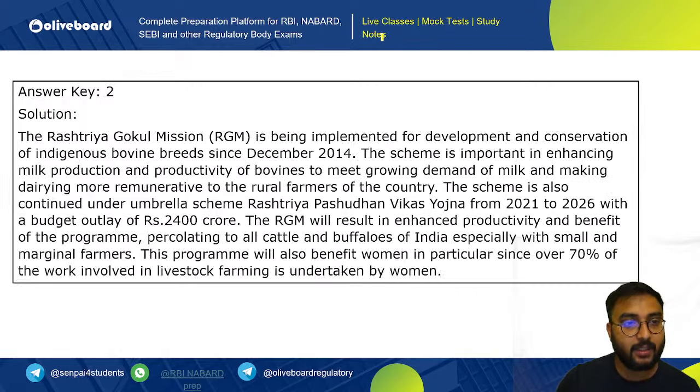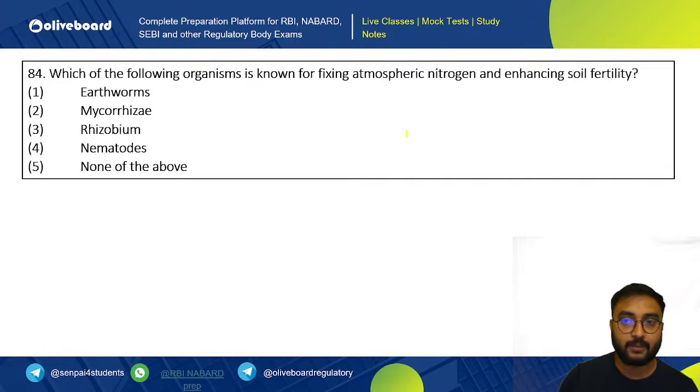So the answer here is your second, that is December 2014. See, Rashtriya Gokul Mission is now under the scheme of Rashtriya Pashudhan Vikas Yojana for the years 2021 to 2026. Remember this.